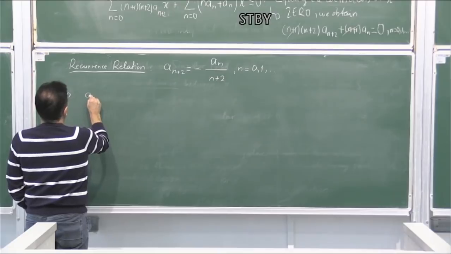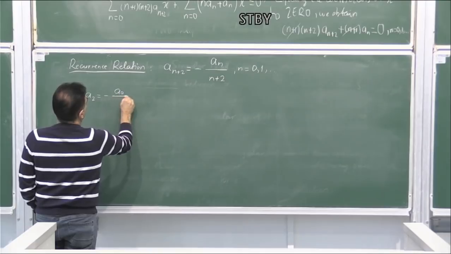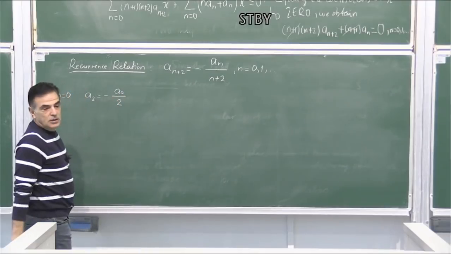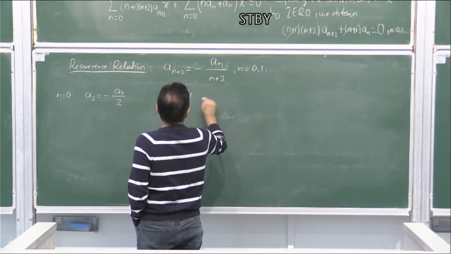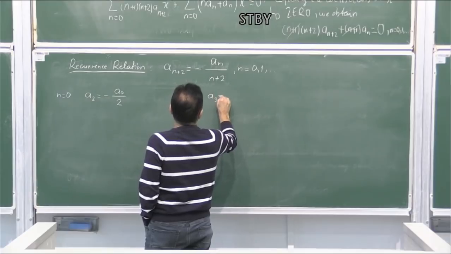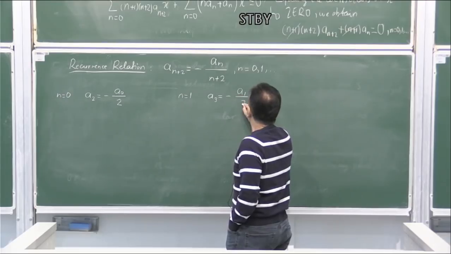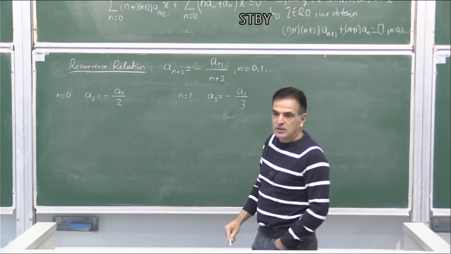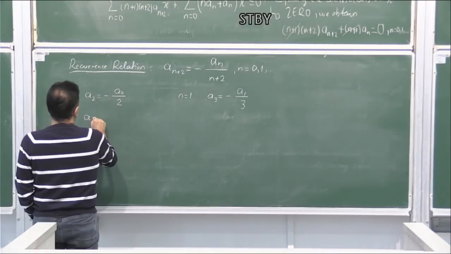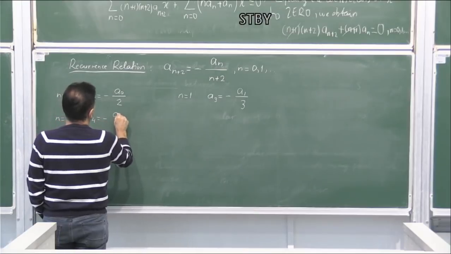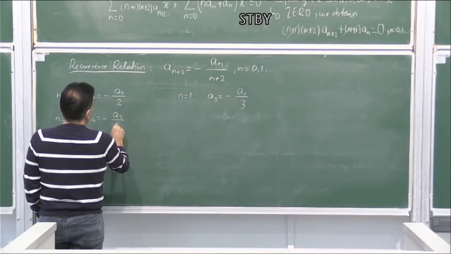So we have a2, which is a0 over 2. Good. And for n equal to 1, we have a3, which is minus a1 over 3. Good. Continuing in the same way, n equal to 2, we have a4, which is minus a2 over 4.